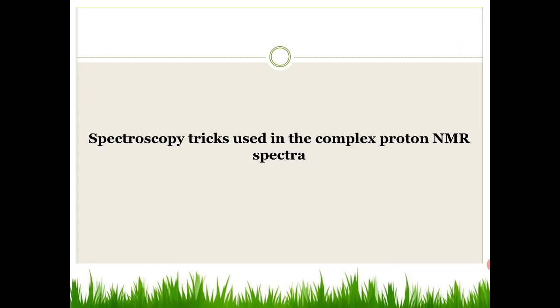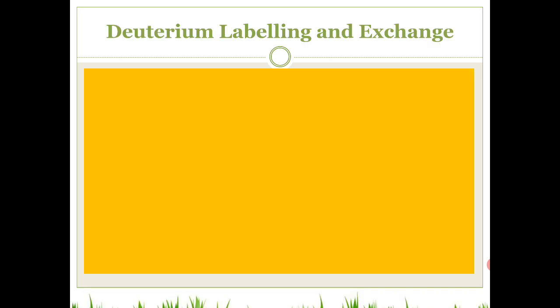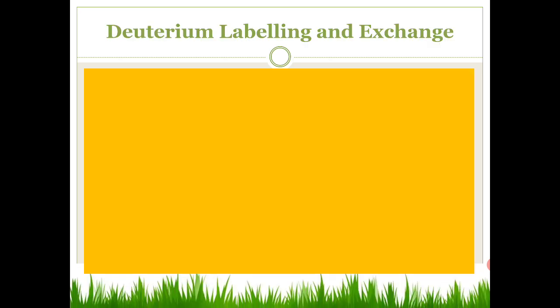In spectroscopy, there are a few tricks which we use to simplify a complex NMR spectrum. Let us look into that. The first technique is deuterium labeling and exchange. Like I just said, if you want to avoid the overlapping of the solvent and the compound you are analyzing, you need to replace the protons in the solvent with deuterium.